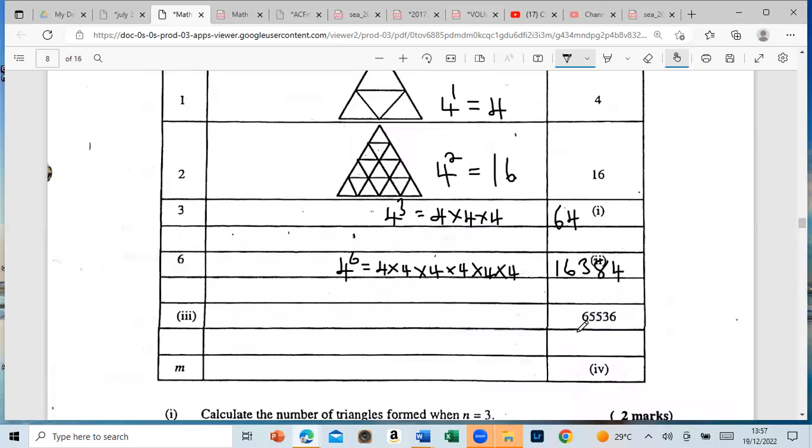So now we have this number and we want to figure out what would represent n. Since I already know that 4 to the 6 is this number, I would just continue multiplying by 4 with my calculator until I get it.